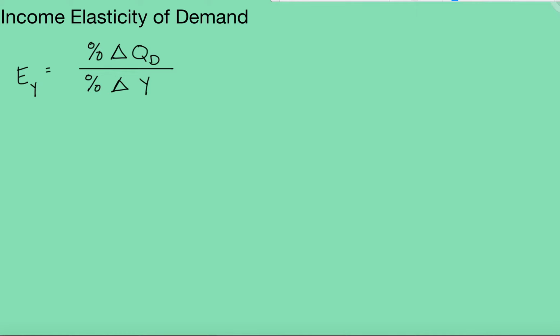So using this formula, we're looking at what happens when there's a change in income with the demand curve. Well, if there's an increase in income, we expect there to be a shift to the right in the demand curve, providing that the good is a normal good and not an inferior good. As long as the good is normal, we expect the demand curve to shift to the right.